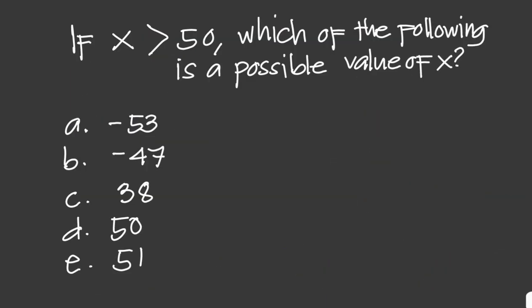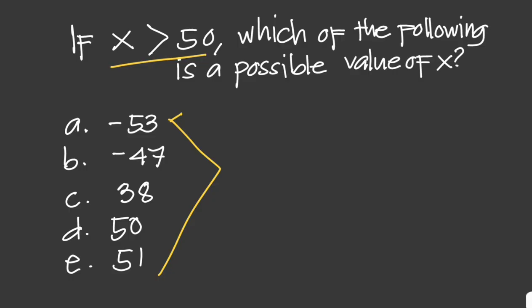Say, for example, if x is greater than 50, which of the following is a possible value of x? The value of x here is greater than 50, which means we look for numbers that are greater than 50. And we have options here. Let's take a look at negative 53.